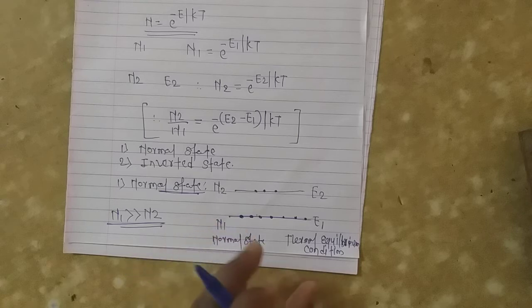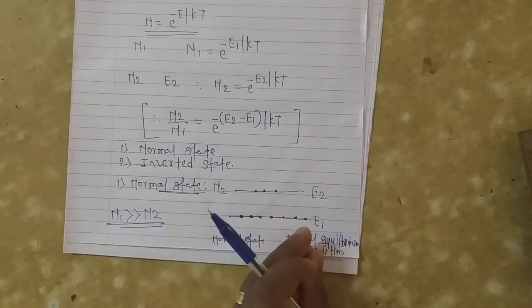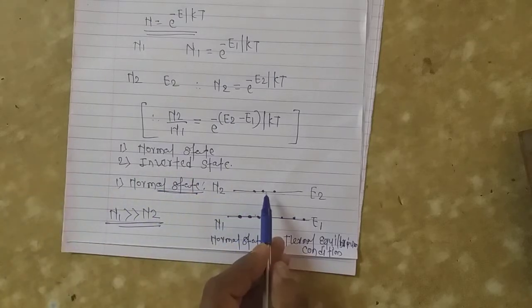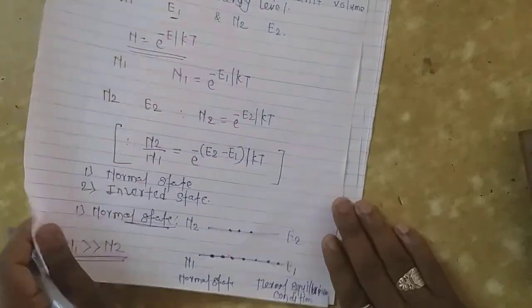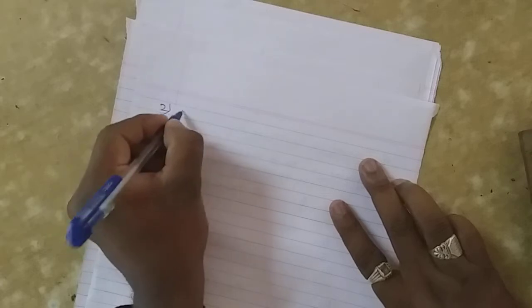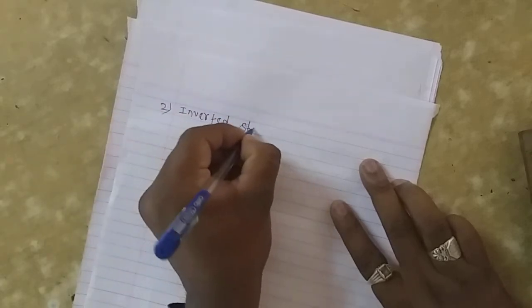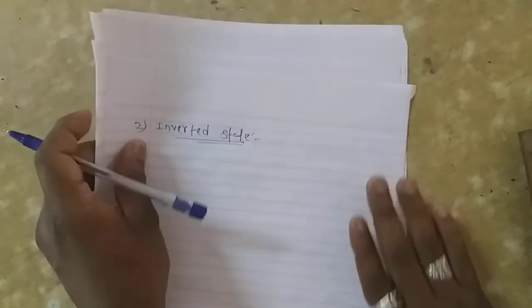This is the normal state. Then the second is the inverted state.